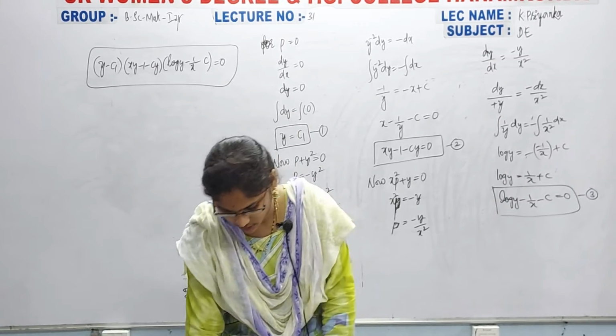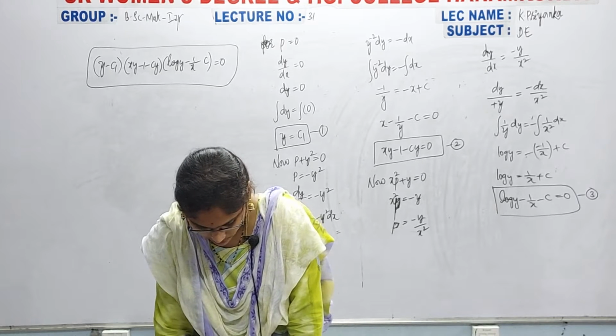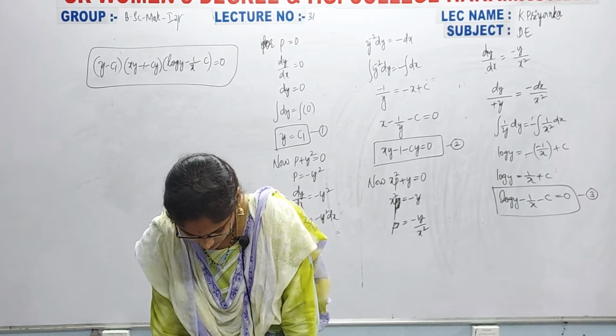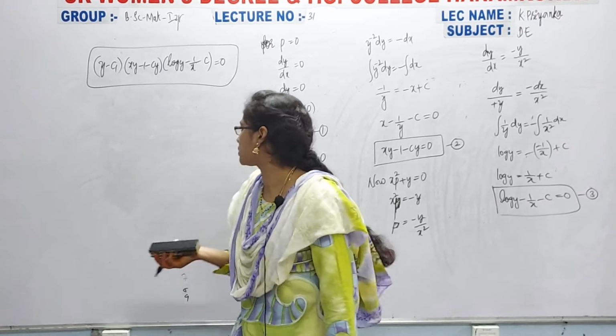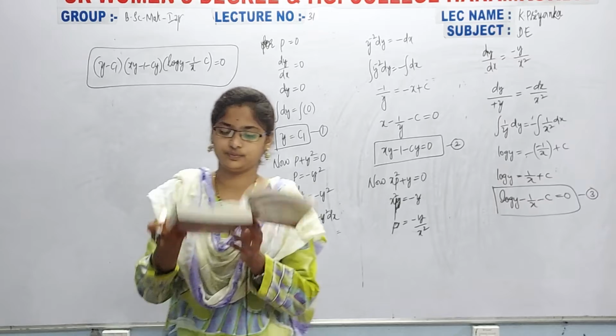Okay, so now these are nothing but the applications related to the equation solvable for p. So now here I am giving a few problems to you, just try to solve these equations solvable for p only.